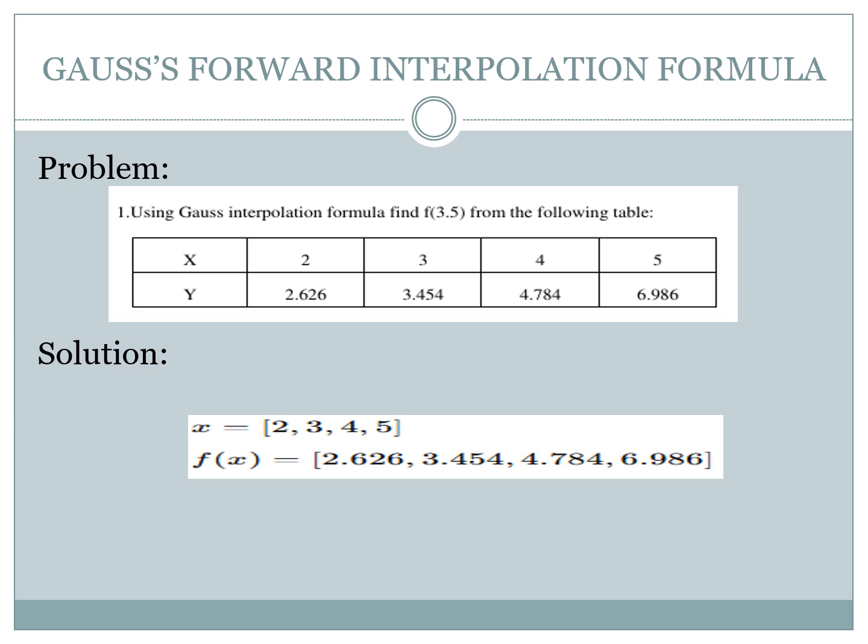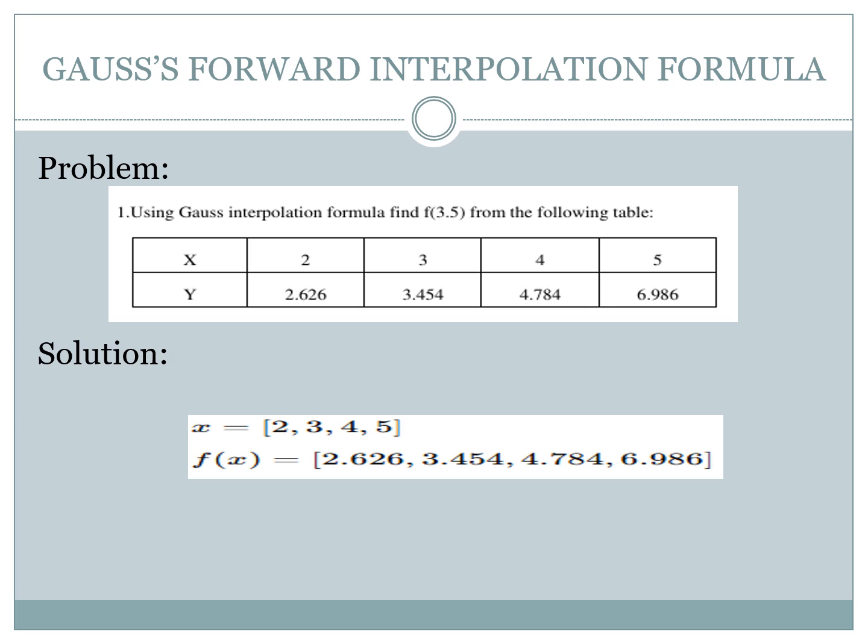Here the variables are x and y, that is y equal to f of x. So the given variables are x equal to 2, 3, 4 and 5, and y equal to f of x are 2.626, 3.454, 4.784 and 6.986.